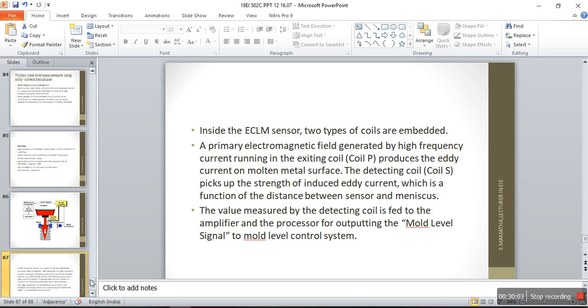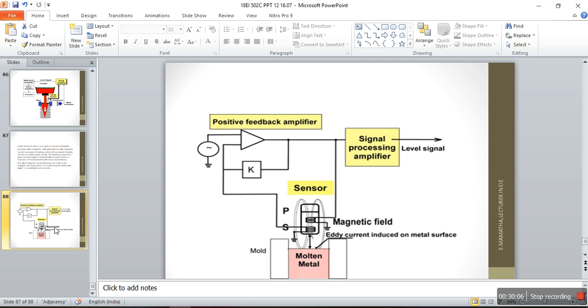Here is what is happening in the level control system. Here we will be having a primary sensor, connected to an alternating voltage with some frequency, so that current will flow through it and a magnetic field will be created. Eddy currents will be produced between the coil and the meniscus of the molten metal. These eddy currents will be detected by the secondary or detector winding.